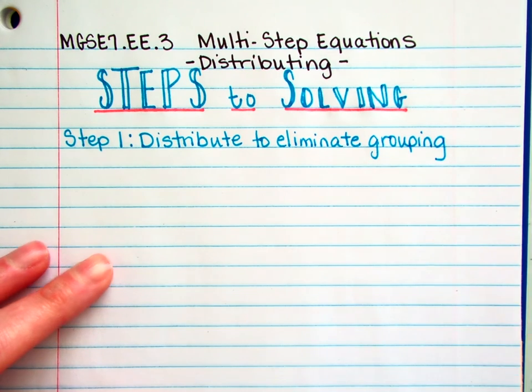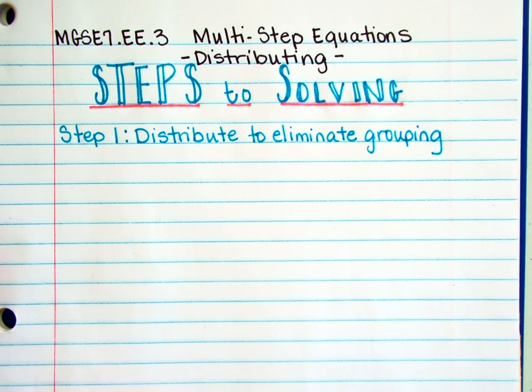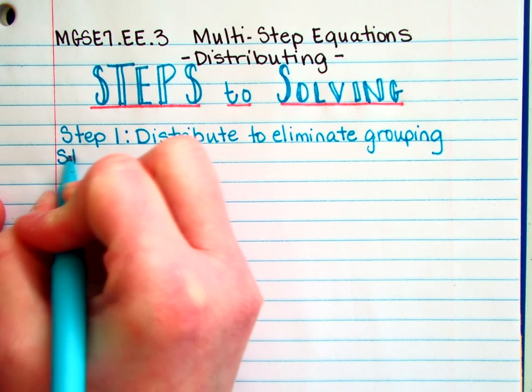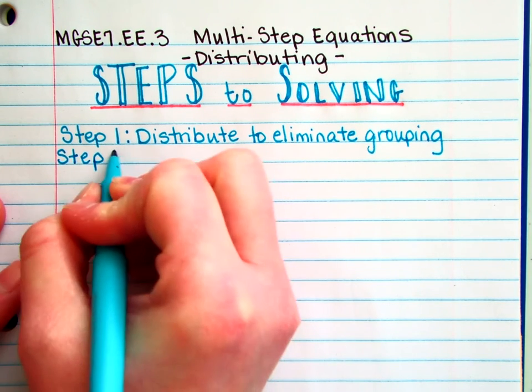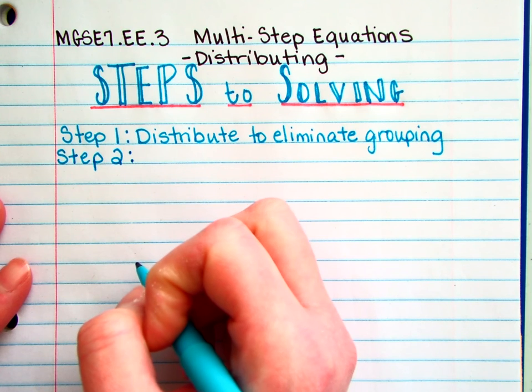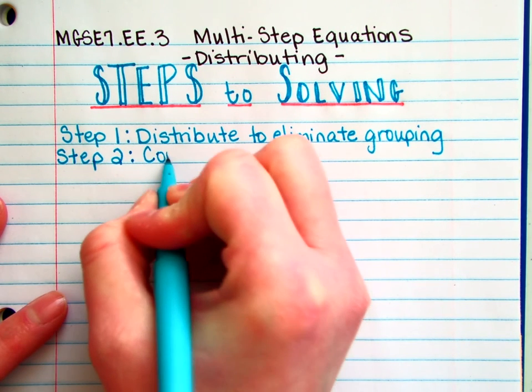We should be very familiar with the distributive property and how to use that and the factors that we will be distributing. Step 2 takes us to the lesson before this. Combine any and all like terms.